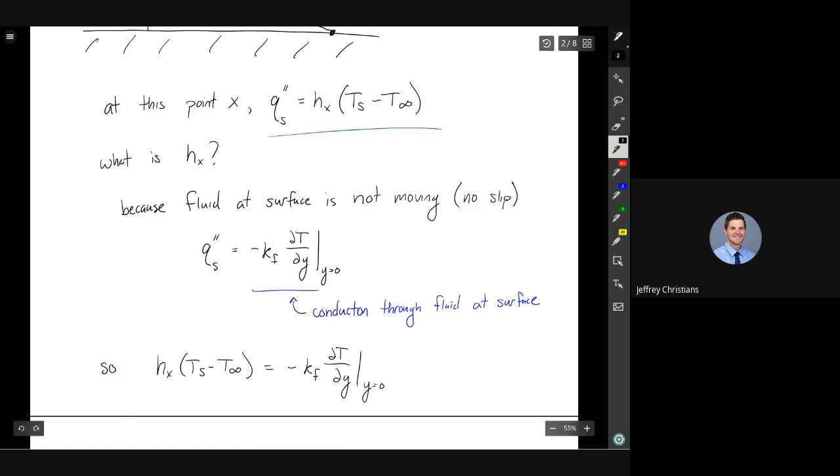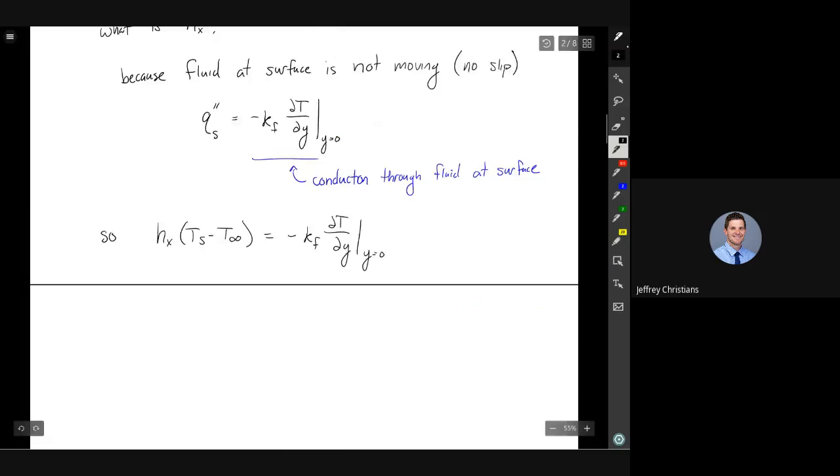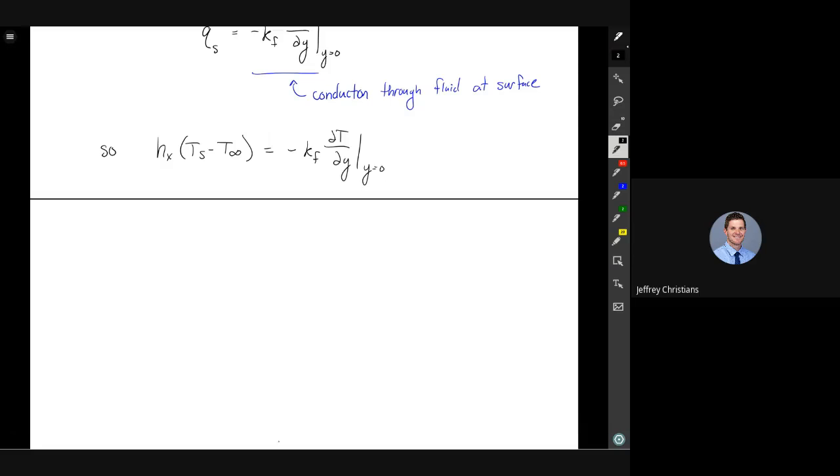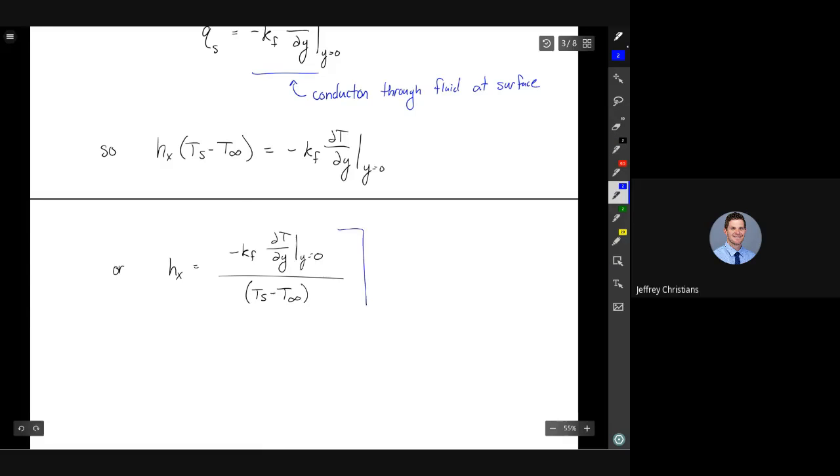So that must be true. And then we can rearrange to solve for H. Simply like that.